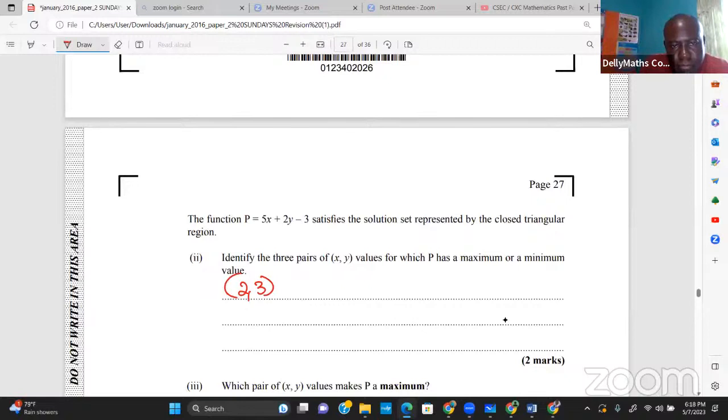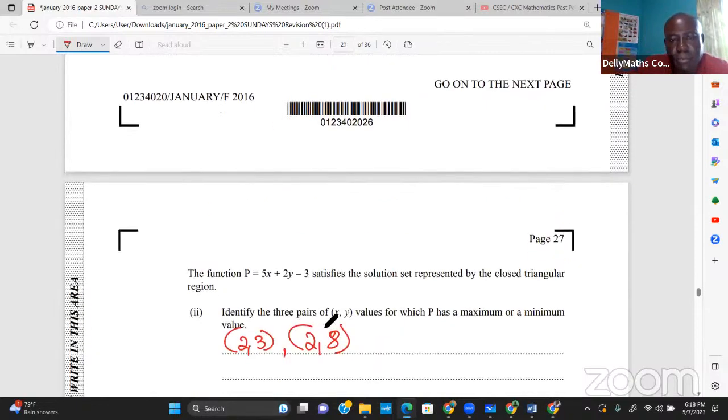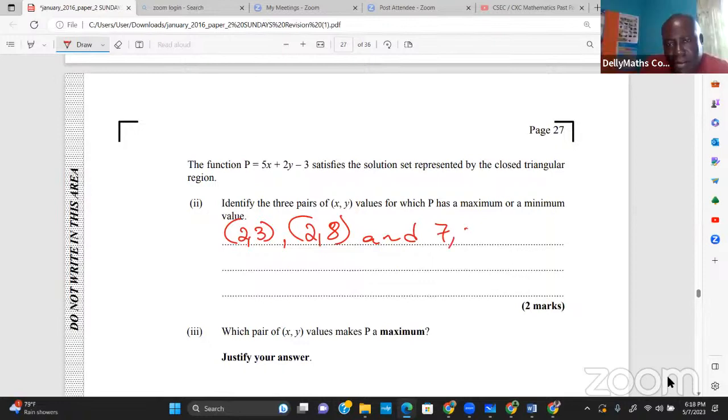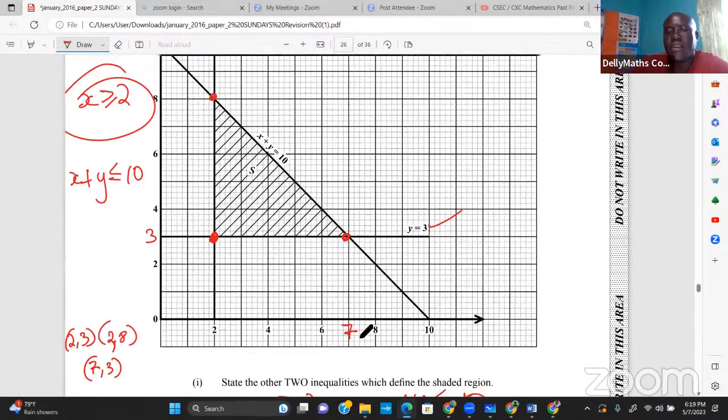(2, 3), (2, 8), and (7, 3). Very simple. Identify the three pairs of x, y values for which P has a max or min. Remember, we said earlier in class that in the solution region, the best and the worst are on the vertices.